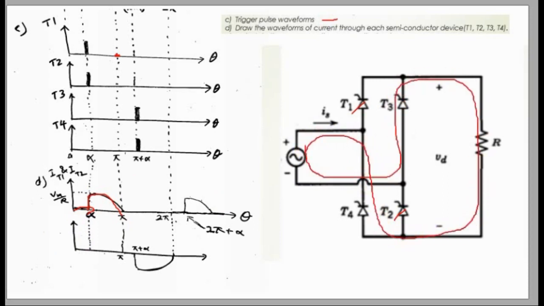If you take this path as positive, it's better to take this path as negative. So this should be phi plus alpha, and peak values are Vm divided by R and minus Vm divided by R.